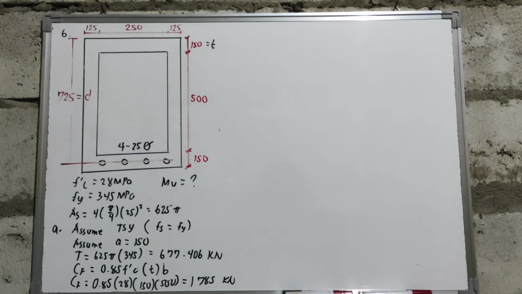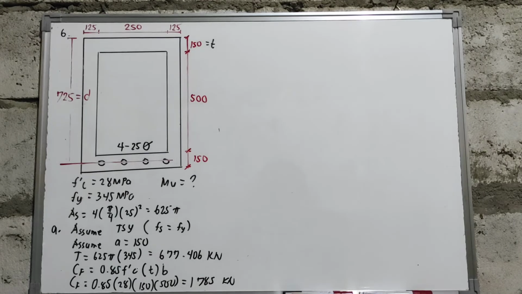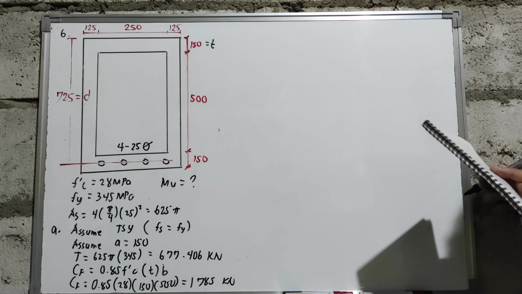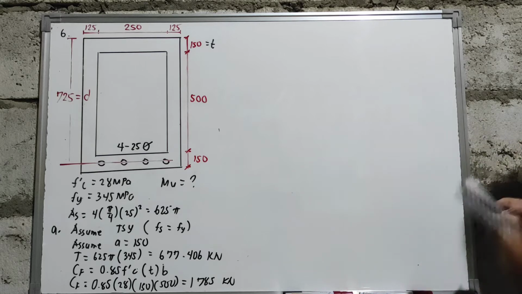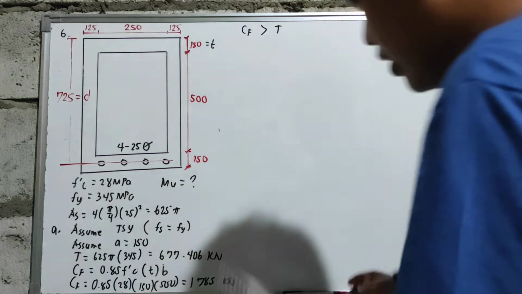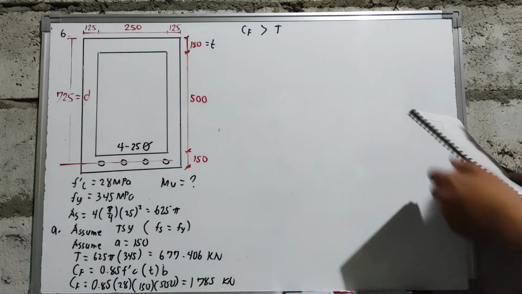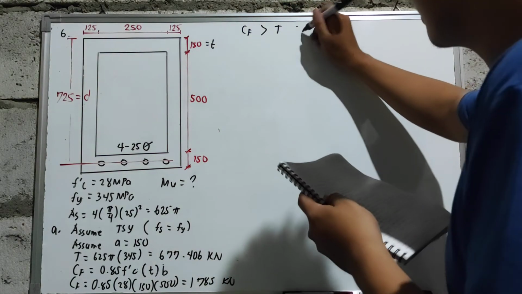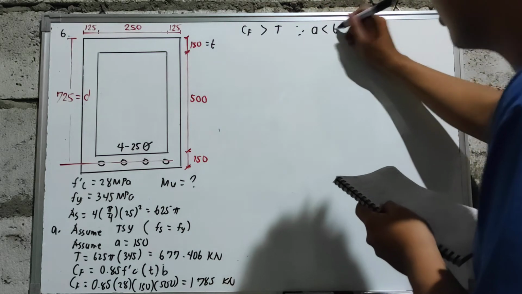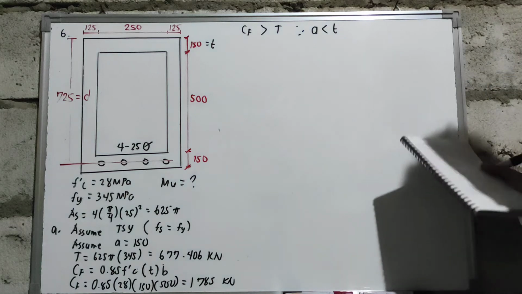So, for this, meron tayong value ng T, meron tayong value ng C sub F natin. So, yung C sub F natin, sobrang laki ng value niya, if we were going to compare that to the tensile force. So, yung value niya is 1,700. Yung tension natin hanggang 600 lang. So, with that, since mas malaki yung CF natin compared to the value of your tensile force, mangyayari niyan is yung A natin, that is less than the thickness natin na 150 mm.